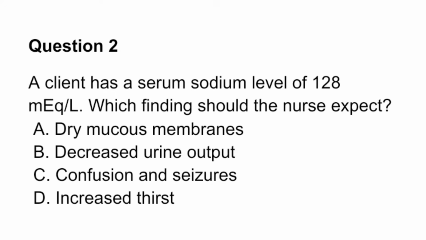Question 2. A client has a serum sodium level of 128 milliequivalents per liter. Which finding should the nurse expect? A. Dry mucous membranes. B. Decreased urine output. C. Confusion and seizures.